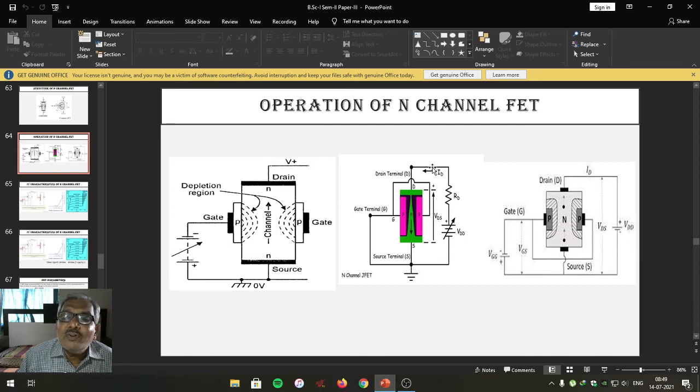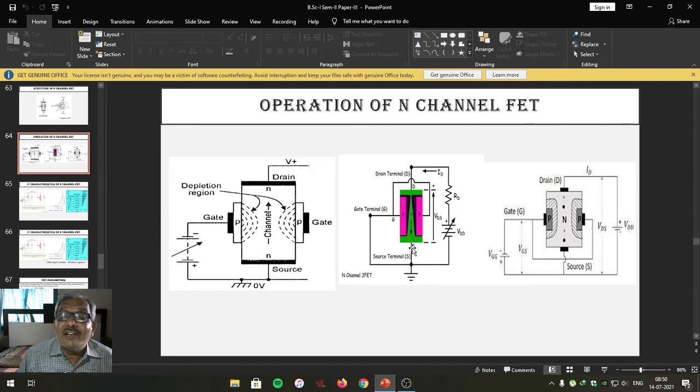Due to forward biasing, the source starts liberating charge carriers. Here, being an N-channel FET, it liberates electrons. These liberated electrons start moving towards the drain because the drain has a positive potential. Look here, the positive terminal is connected.